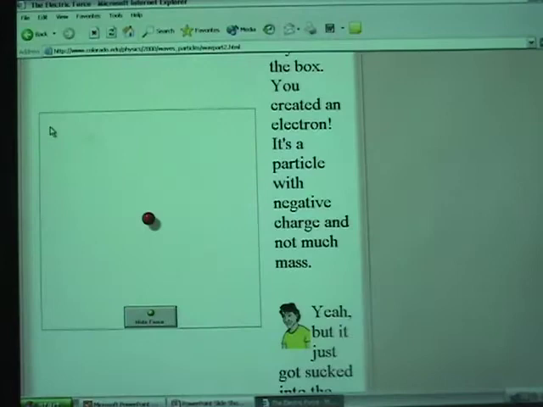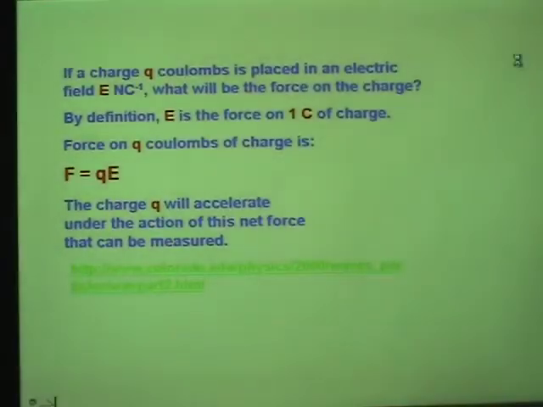Now, look at a couple more examples. If I place a charge here, it goes that way. If I place the charge there, you can see anywhere I place a charge, it moves towards it. That means the space around that red charge describes an electric field. So this is a beautiful illustration of what an electric field actually does.